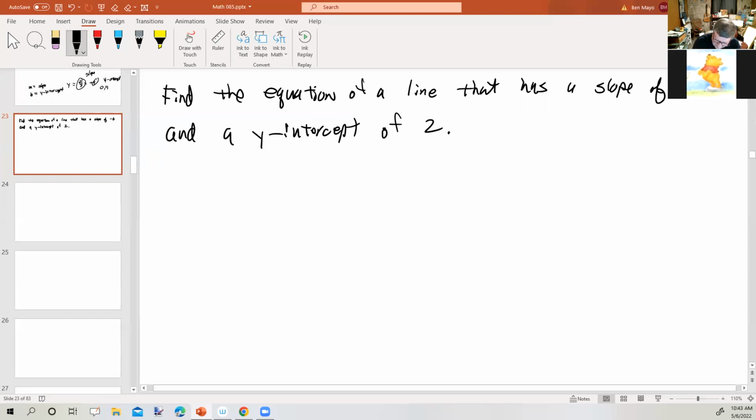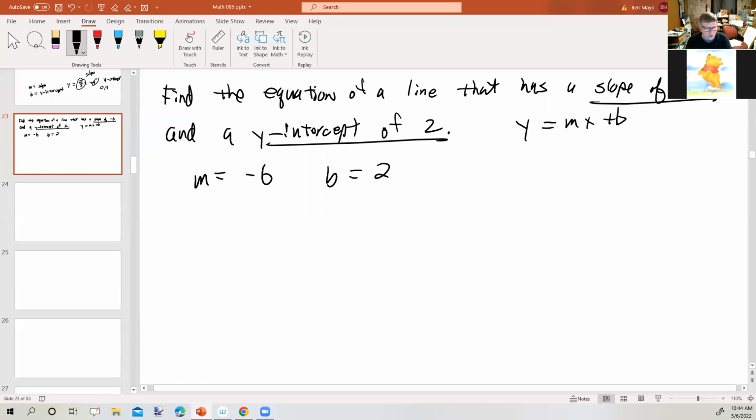And we're going to write our answer in y equals mx plus b form. Well, the slope is -6 and the y-intercept is 2.